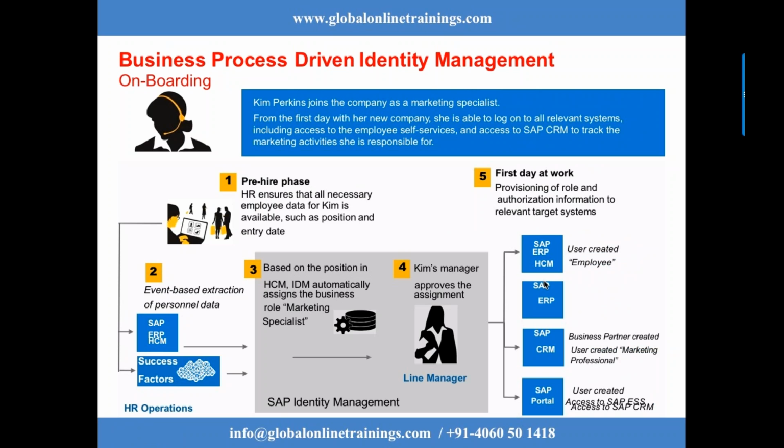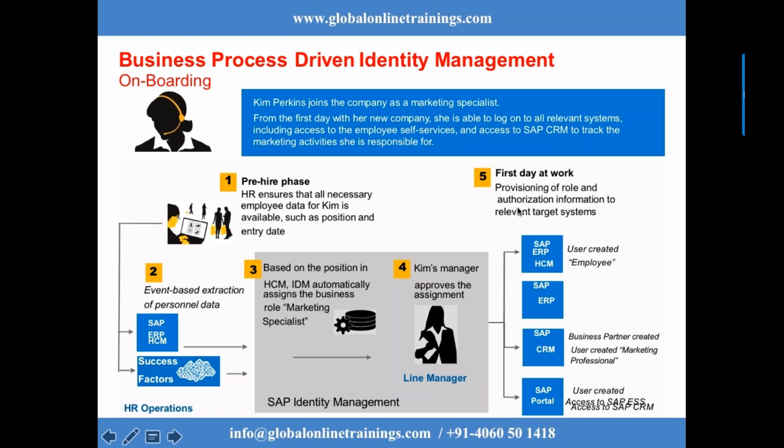Fiori works in a different way, but for authorizations there are S_SERVICE roles where you have to assign the relevant Fiori tile, and then you will get that access. We have done that as well as part of our work.